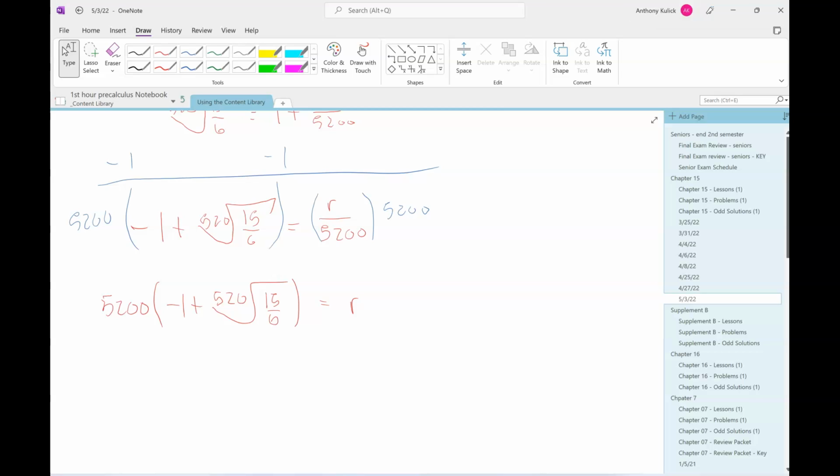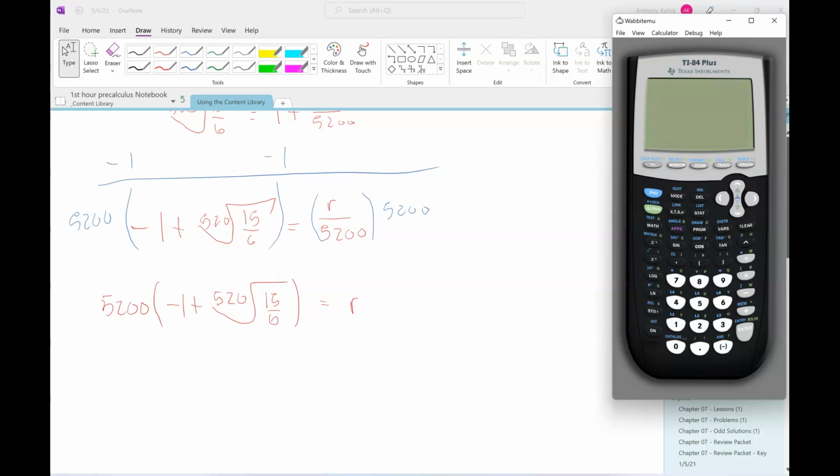All right. So then the last thing I just need to do is type this in. So 5,200 times, and I have -1 plus. And then to do a 520th root, I'll type 520.